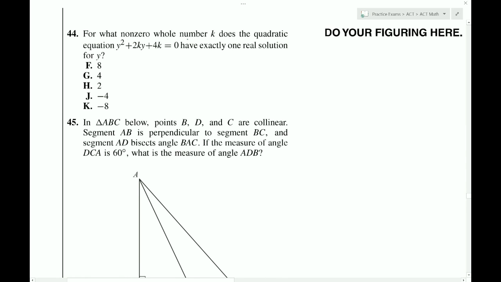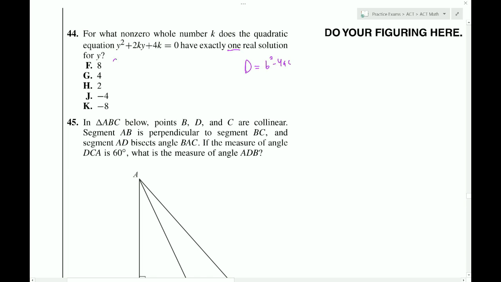For what non-zero number k does the quadratic have exactly one real solution? Alright, so let's see. This is the nature of the roots question, so we need to look at the discriminant, which is the part that goes under the square root sign for the quadratic equation.